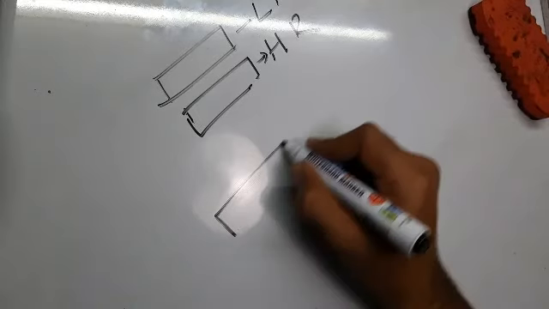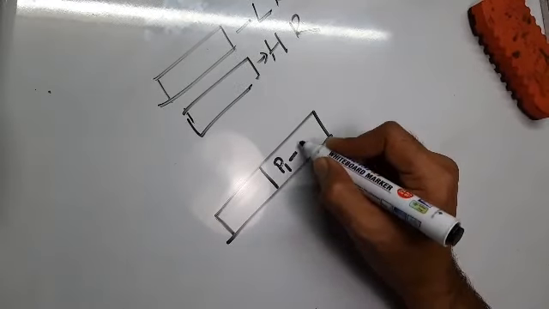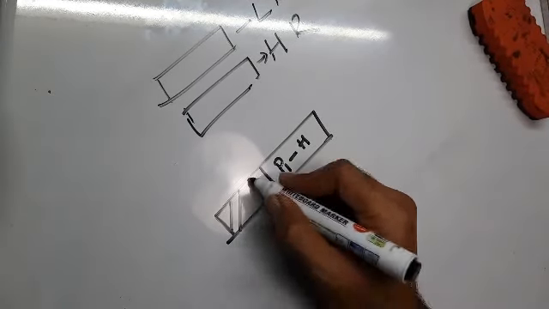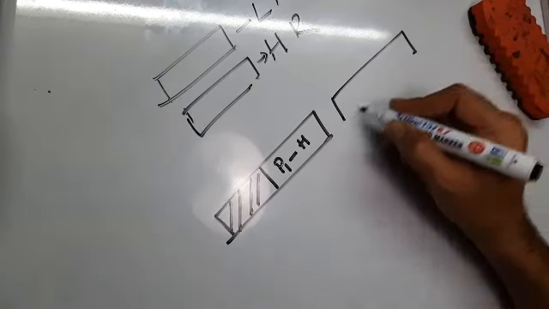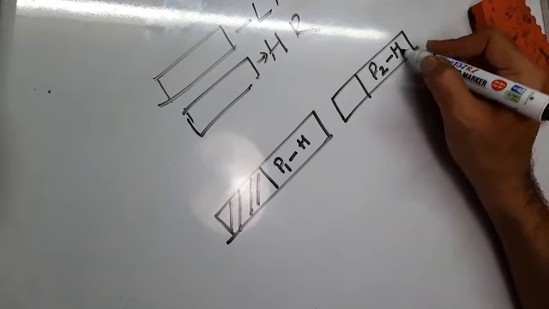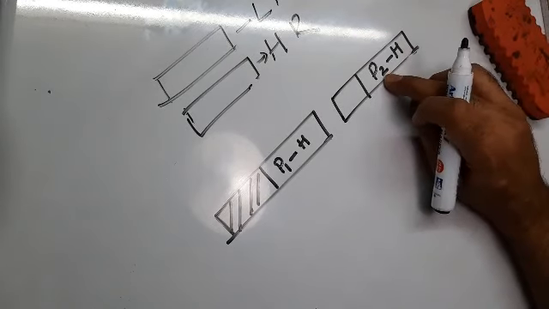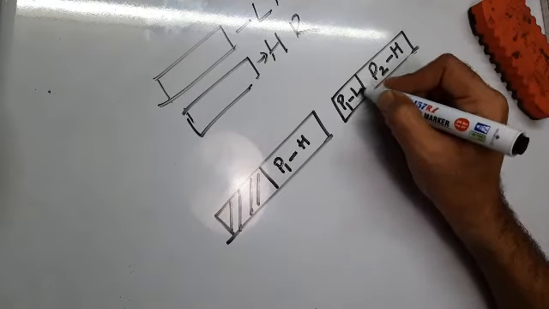I'll write the high resolution packet as P1H. The first packet will not carry any low resolution packet, but the second packet will carry the high resolution packet, P2 of high resolution and P1 of low resolution.